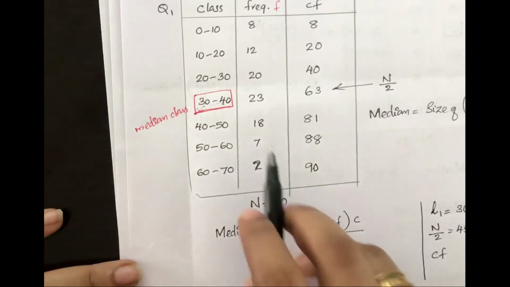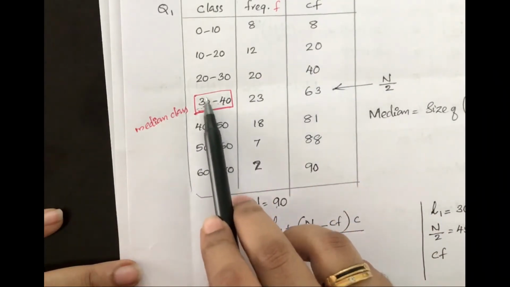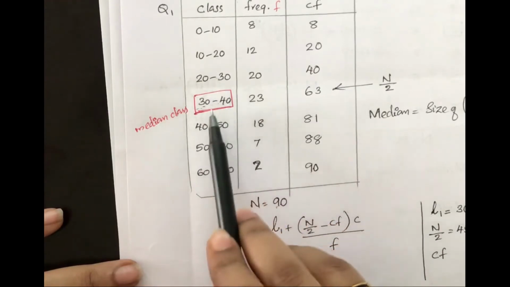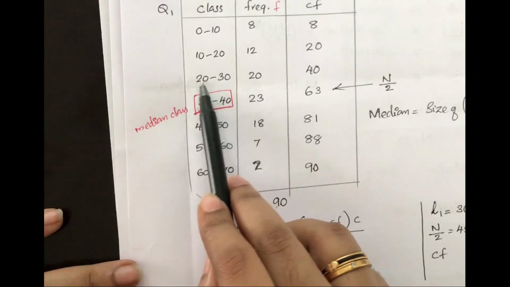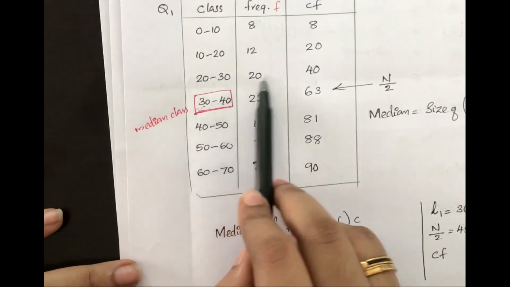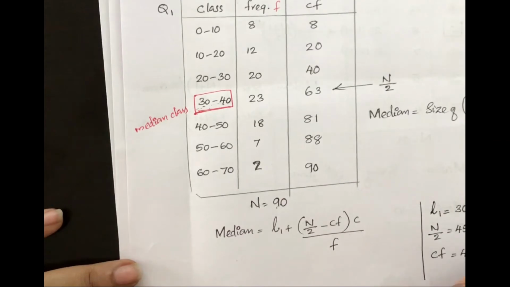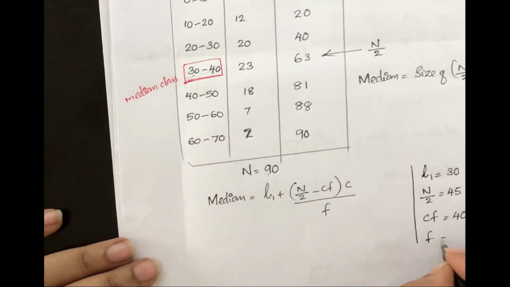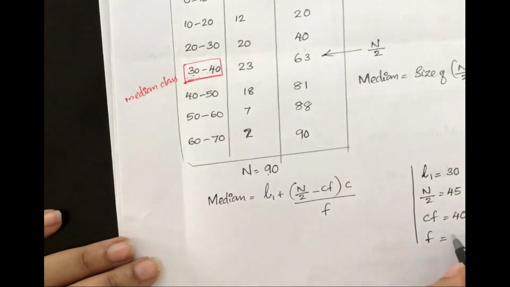Cf is the cumulative frequency of the class just preceding the median class. This is the median class; the preceding class is 20 to 30, and its cumulative frequency is 40. Cf equals 40. Then F is the frequency of the median class, that is 23.